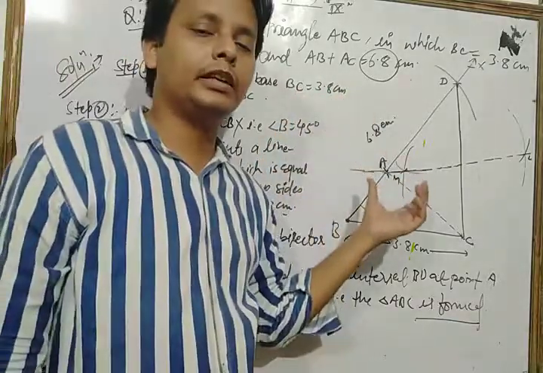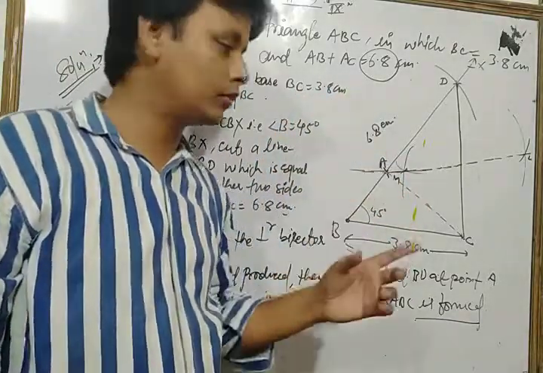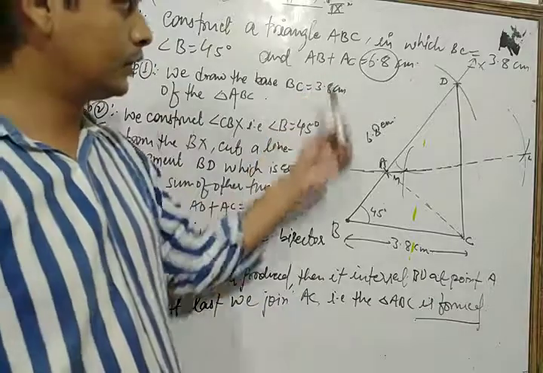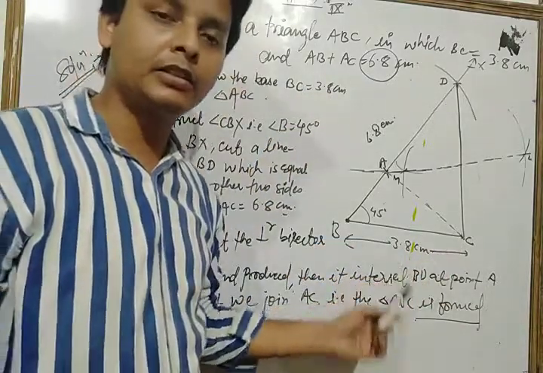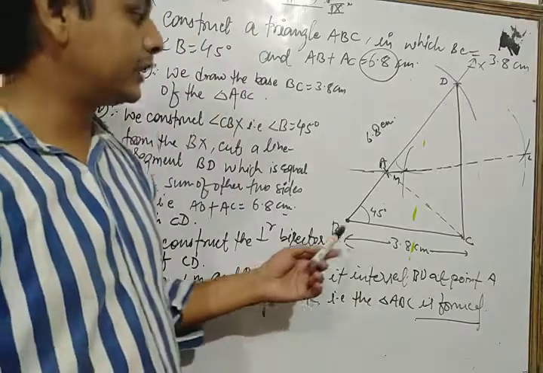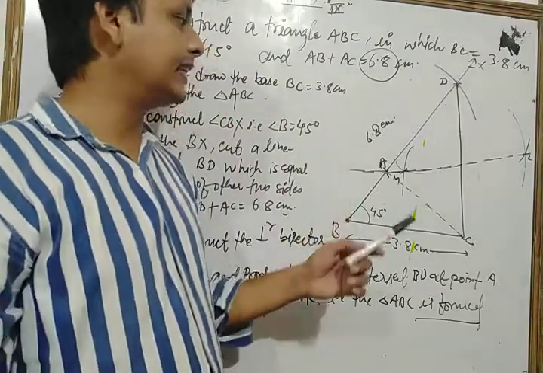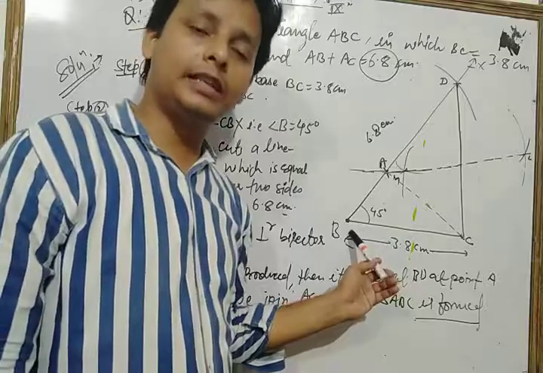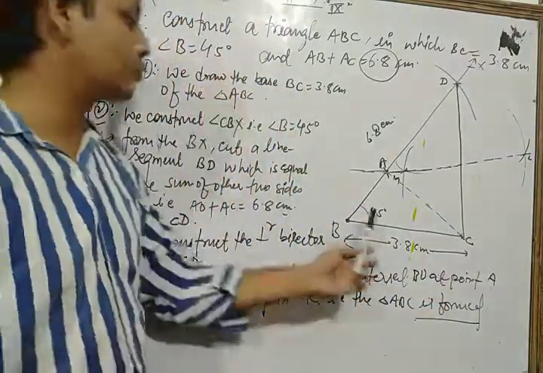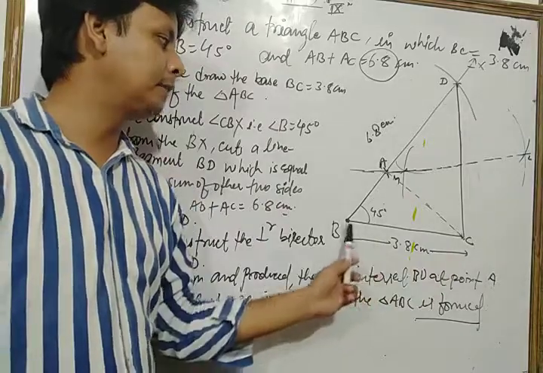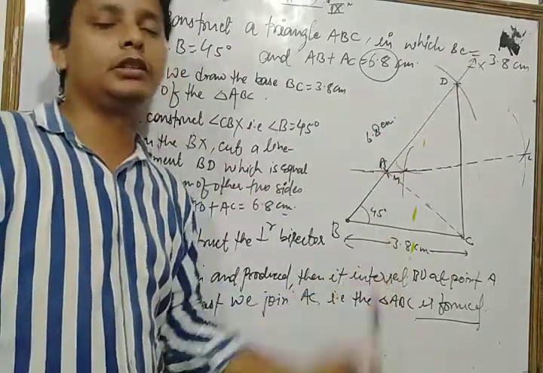In order to construct the triangle ABC, first of all, dear student, in first step we draw the base BC as 3.8 centimeter. After that, in second step we construct the base angle given in your question, which is 45 degrees. So we construct the angle CBX as 45 degrees.